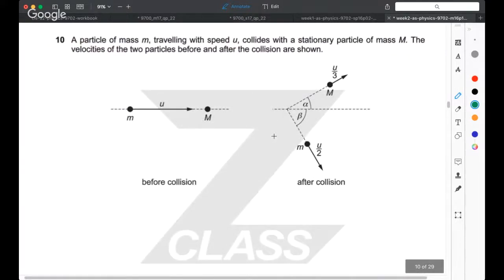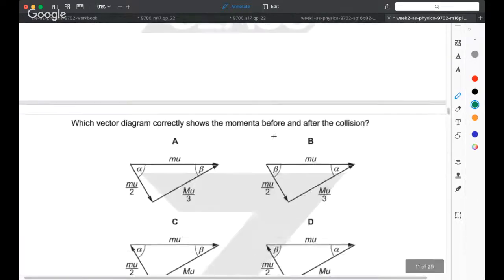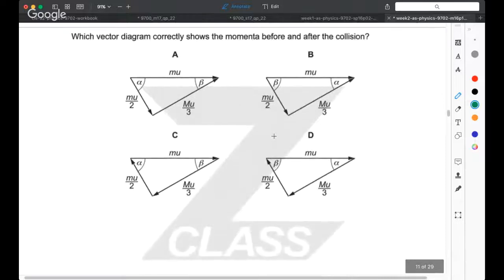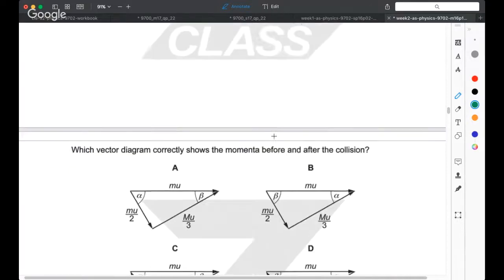Okay, two components, X and Y. I'm struggling with speed U. What's the question? Before and after? Wait.